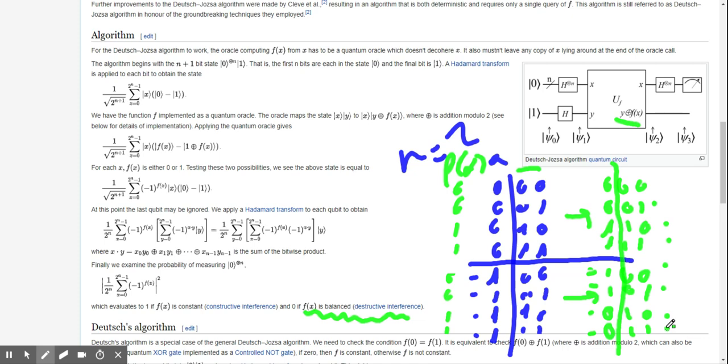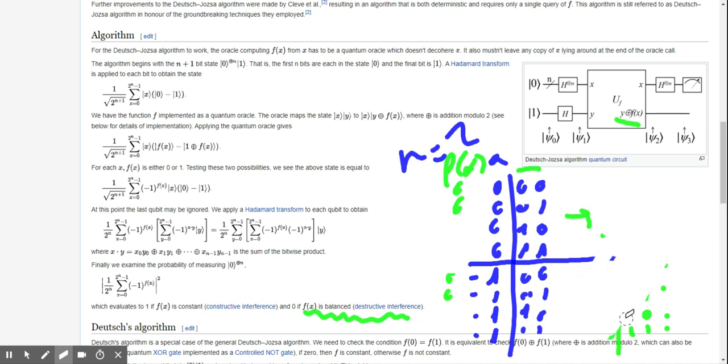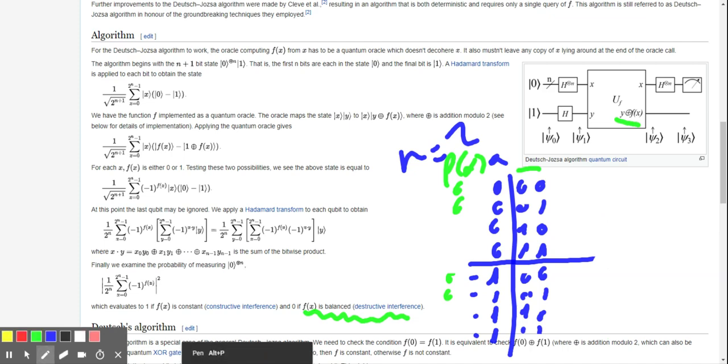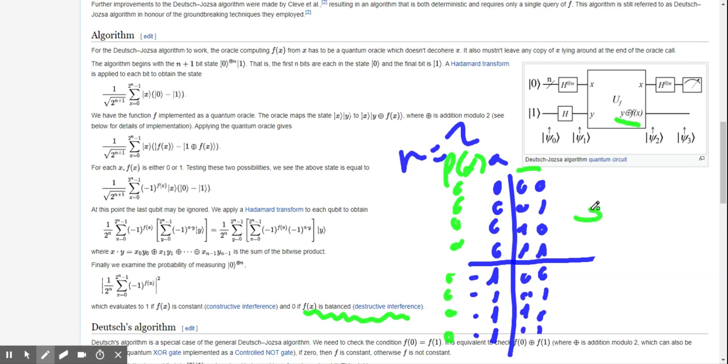And now let's do the same, assuming it's constant. So let's remove these two. Let's remove all these. Faster with my finger. And now let's assume that it's all zeros, right? So what you get in here now, if it's all zeros, then you've got 0, 0, 0, 1, 1, 0, 1, 1.